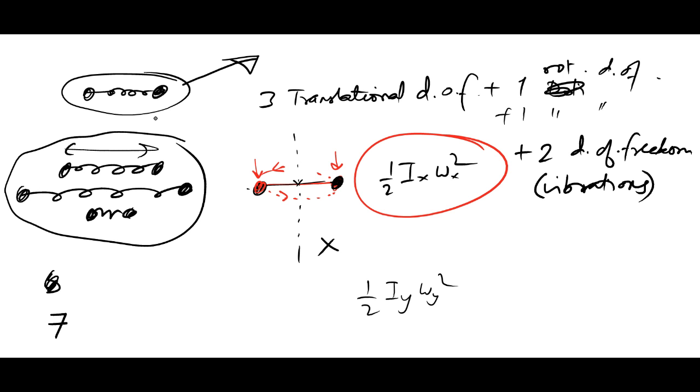The vibratory degrees of freedom manifest themselves significantly only at high temperatures. So for most of our problems, we'll be assuming that the degree of freedom of a diatomic gas molecule is equal to 5 by neglecting the vibratory modes, and only if it is specifically stated that the temperature is very high, or if it is specifically stated that we have to consider vibration also, then the degree of freedom is equal to 7.